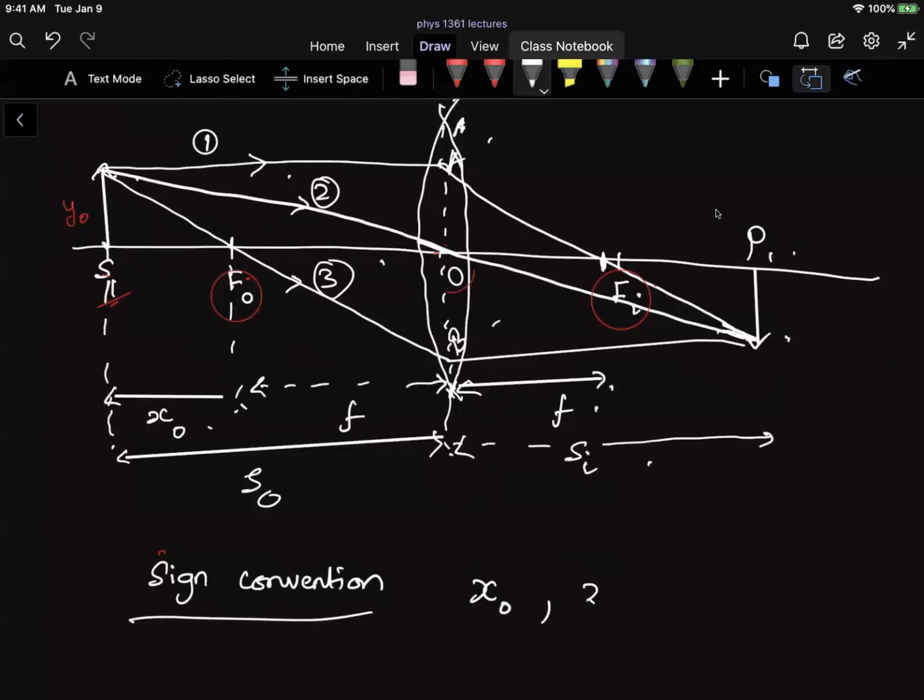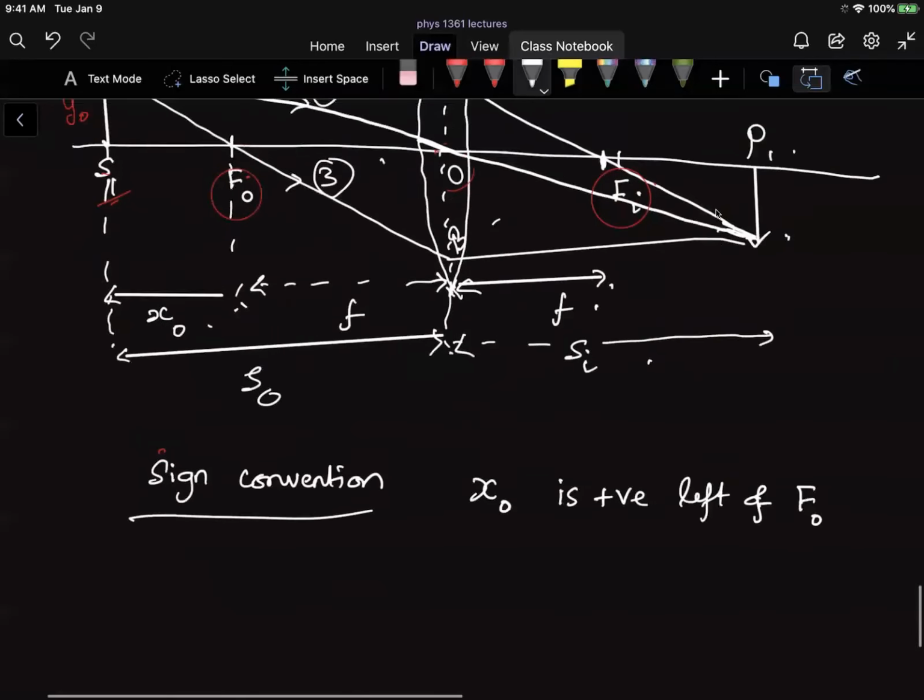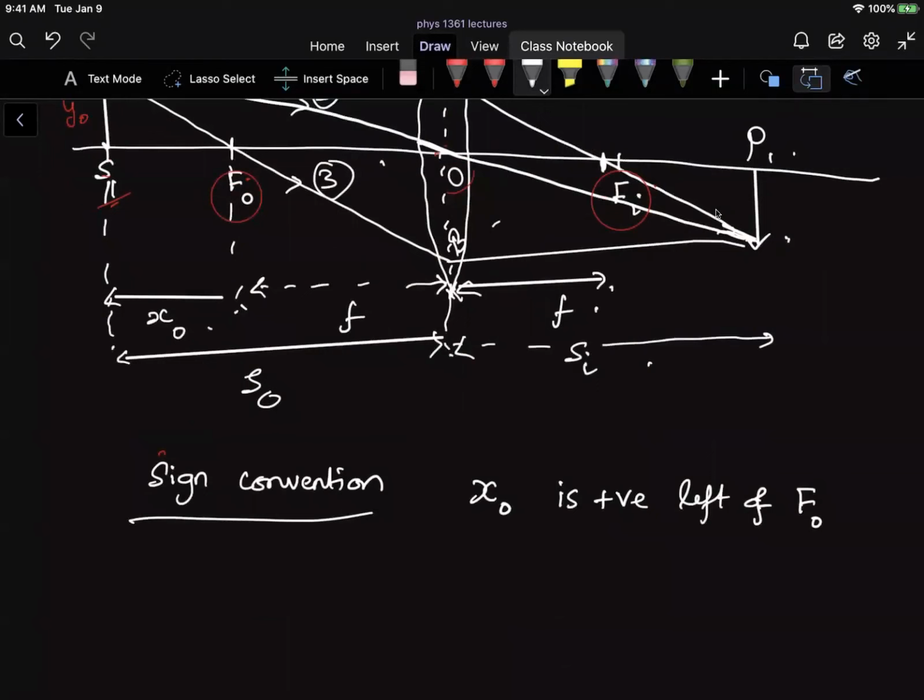And so the convention is, again, just like for the object, XO is positive if it is left of the focal point FO, which is the focal plane on the object side, and XI is positive if it's to the right of FI.